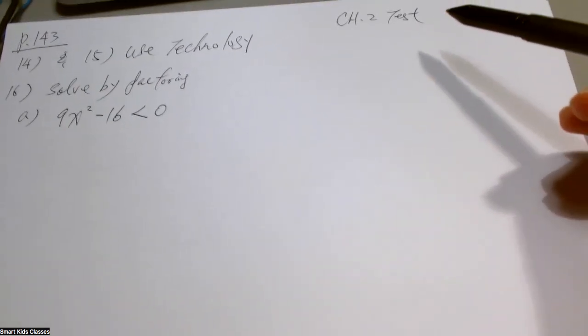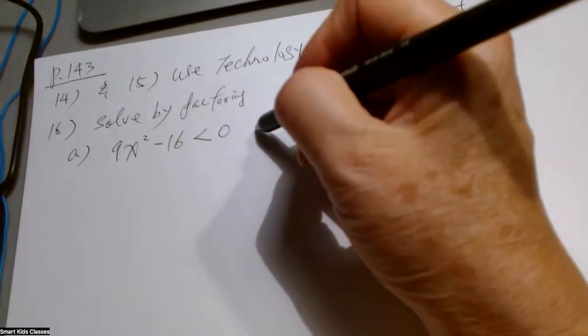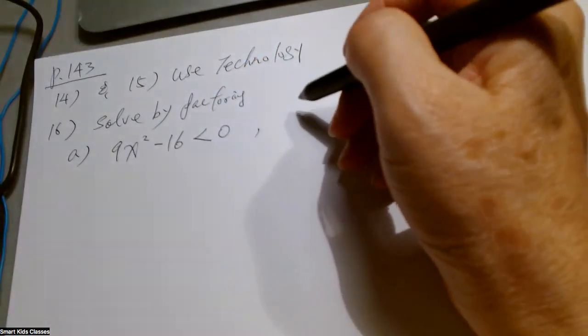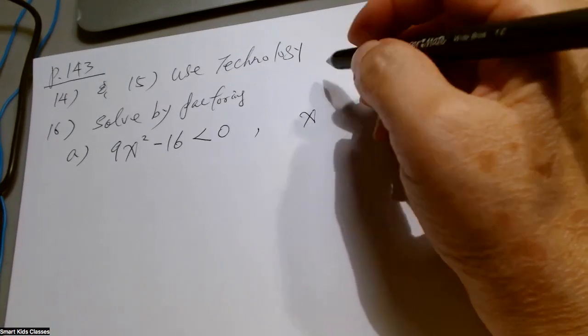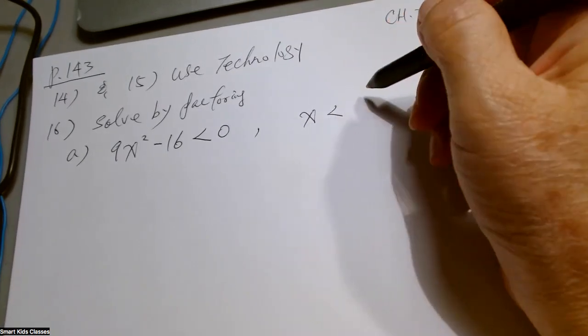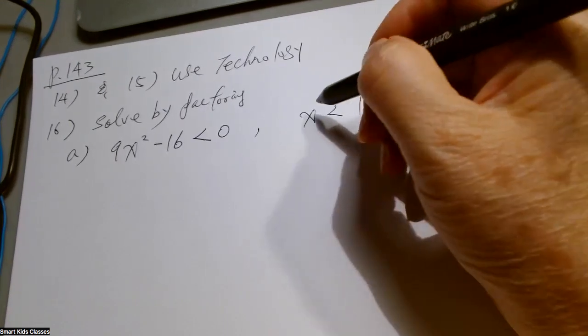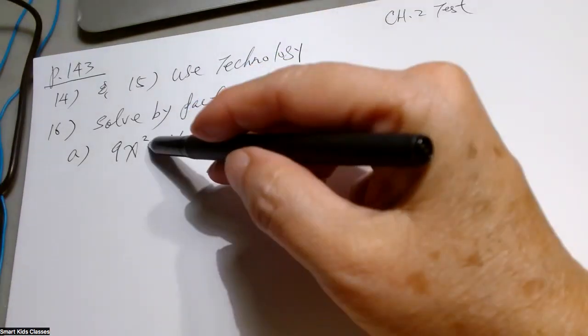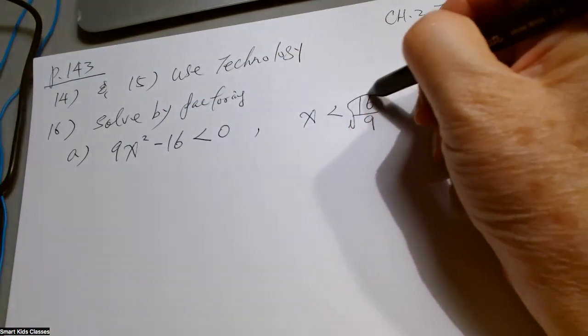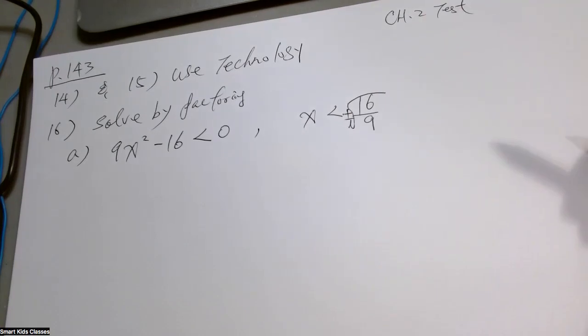So from here, we're going to move 16 to one side. So we put x squared is going to be smaller than 16 divided by 9. So you're going to solve the exponent 2, then you square root it, positive and negative.